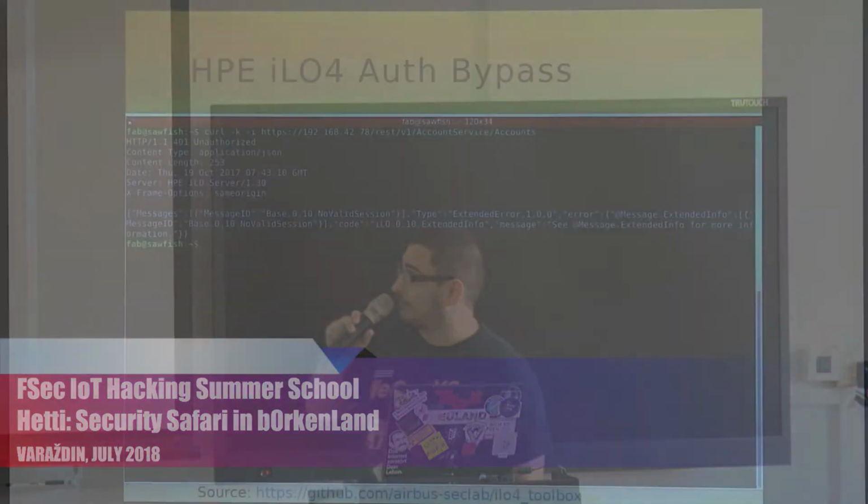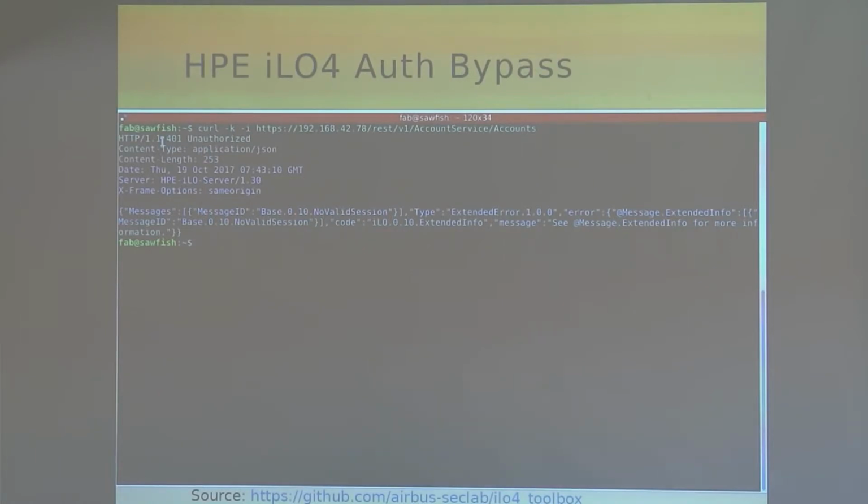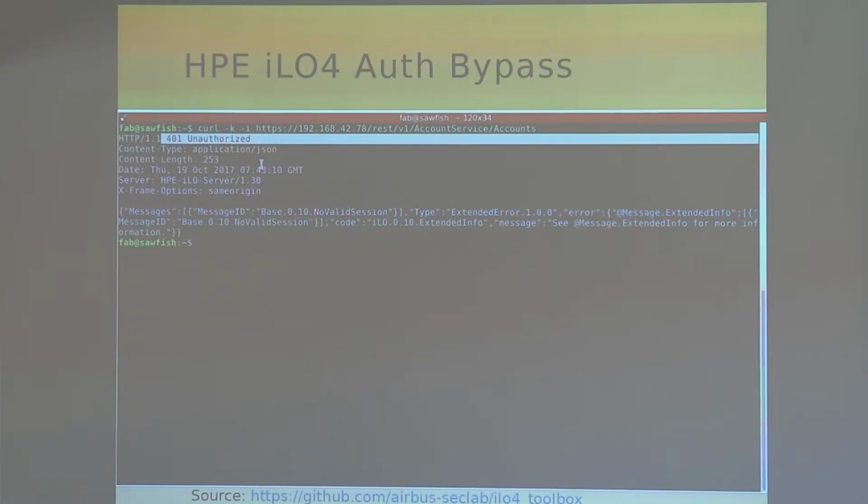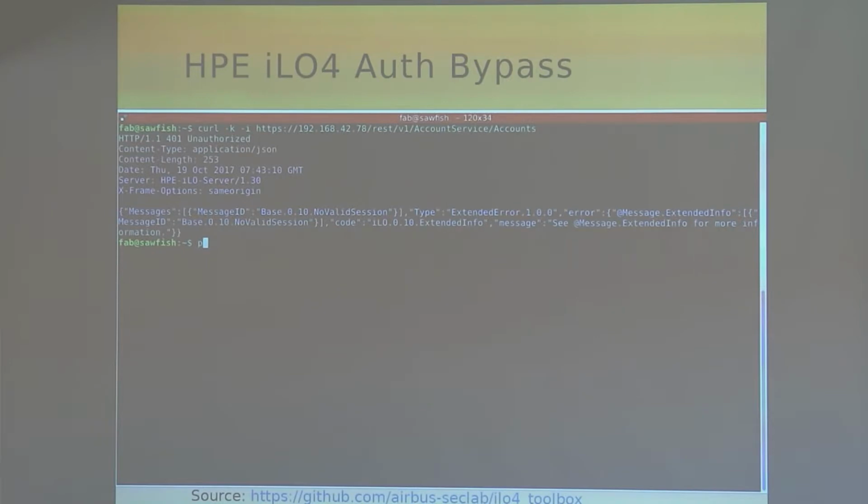So he's doing a curl request on the interface, and he gets a 401 unauthorized. Well, then he just starts Python with print 29 times A. Then he adds a header to the connection, and copies the 29 A's into the header.